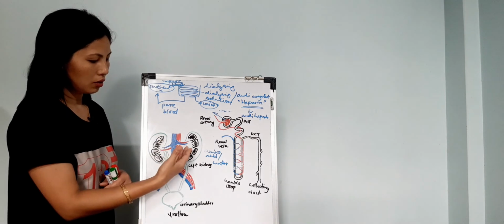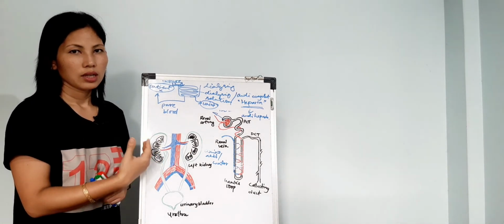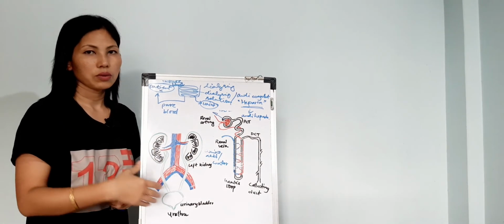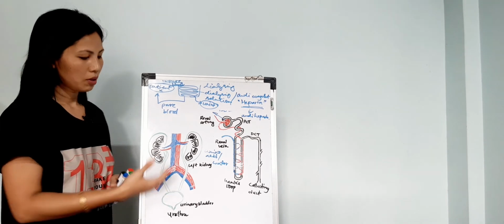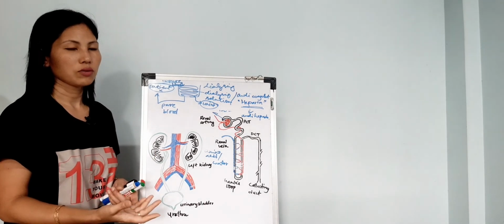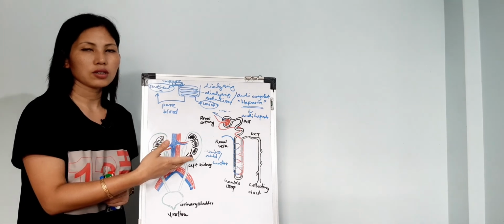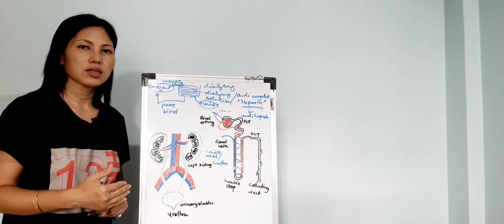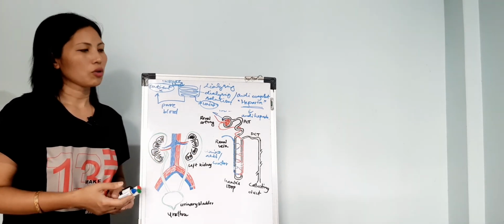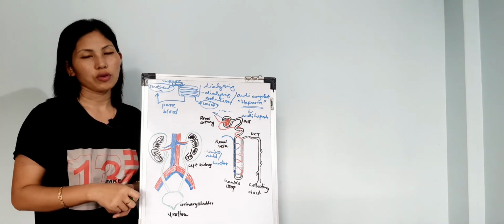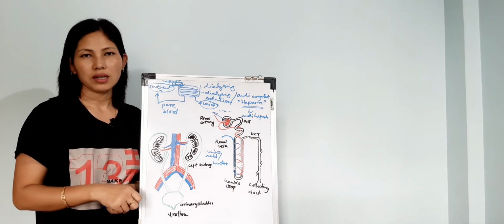If one of the kidneys does not work, then the patient may even survive with the other kidney. But when both the kidneys do not function well, then dialysis can be another option. Or even if dialysis is not working, then the last option that the patient can go for is kidney transplantation, right?